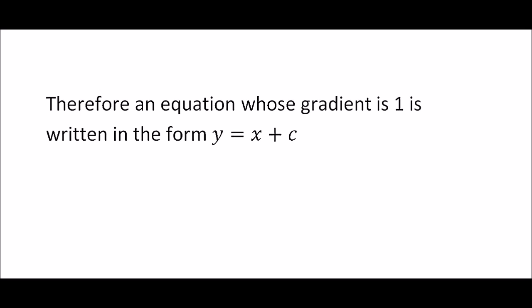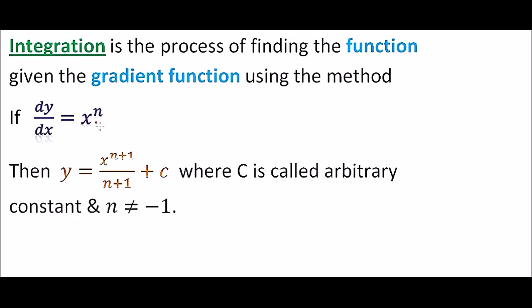This is because we have seen that c can take any value, which we refer to as the y-intercept. But as long as the gradient is 1, then the equation will be of that form. Integration, therefore, is a process of finding the function given the gradient function using the method that follows.